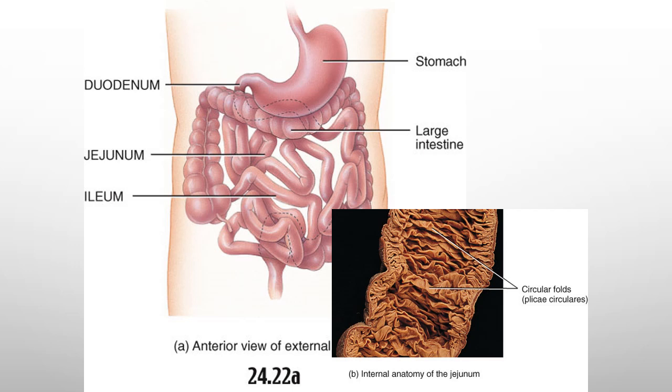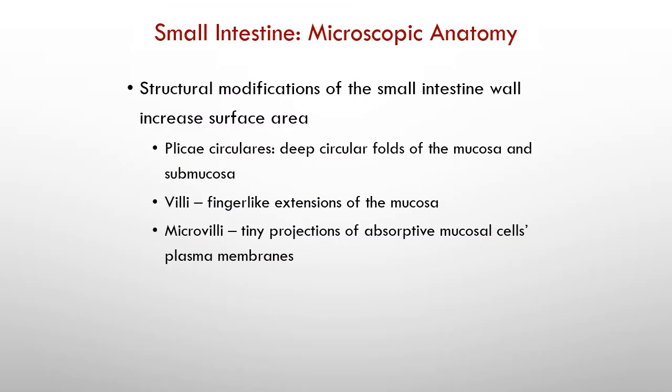We have the duodenum here in the first portion, and then over on the right hand side of the drawing, we have the jejunum, and then the ileum making its way down towards the connection of the colon.